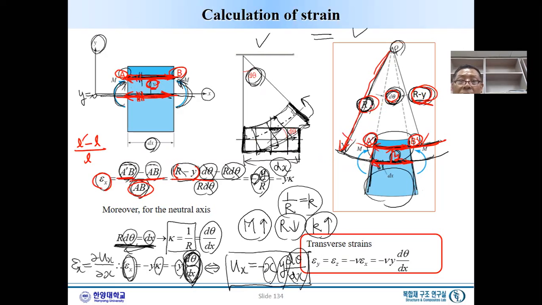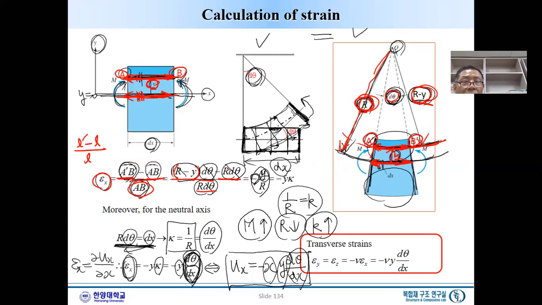In terms of d theta, we simply multiply the radius of curvature r times d theta. So before deformation, the length was r d theta.